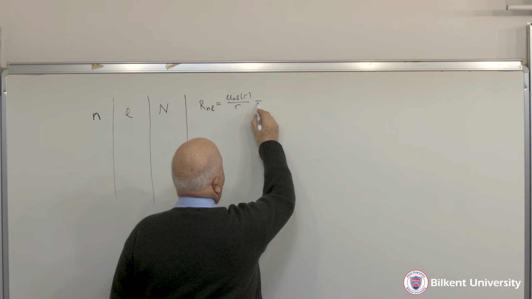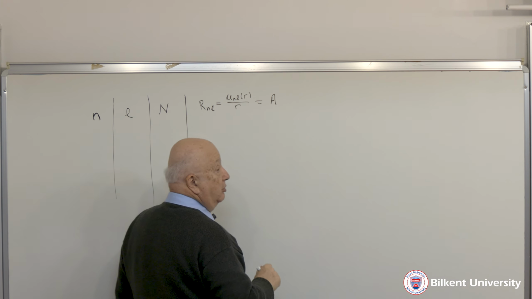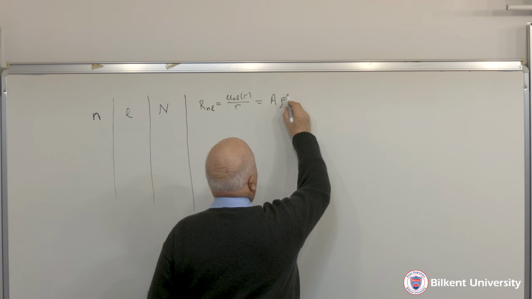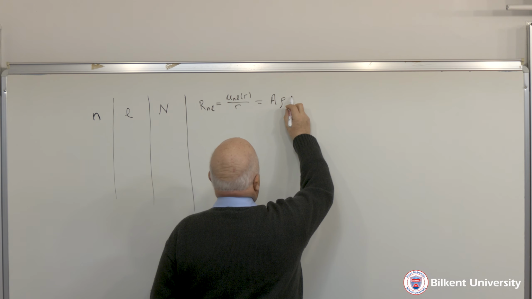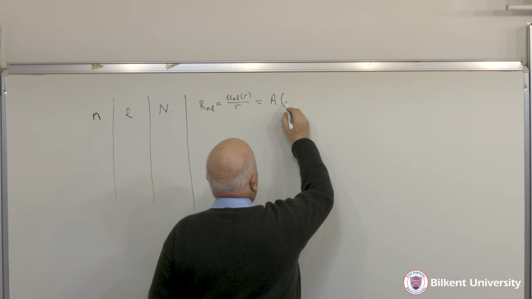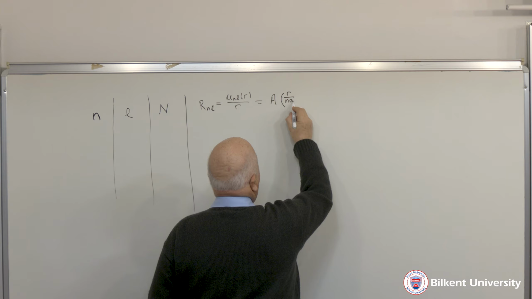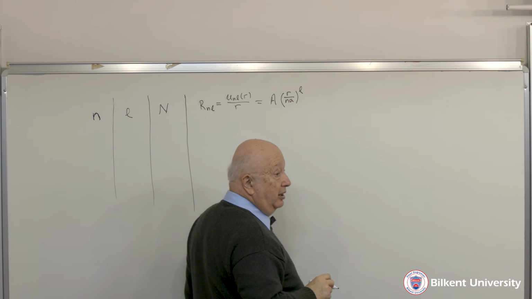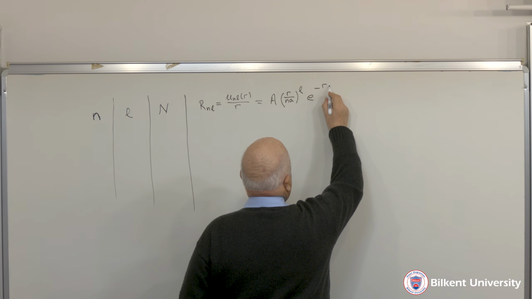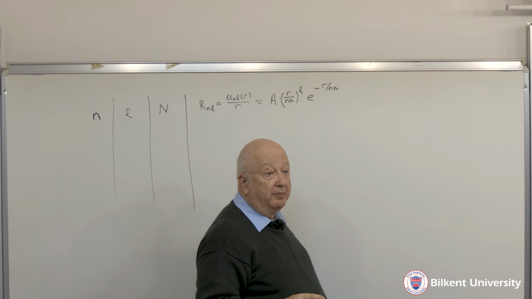So it's going to have some normalization constant. Let me in fact continue writing in terms of rho. So it's going to be rho to the L, which means (r over na) to the power L, right? Then e to the minus r over na, that's the e to the minus kr part.